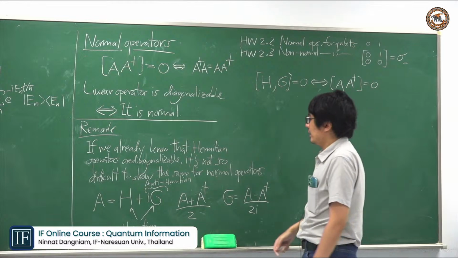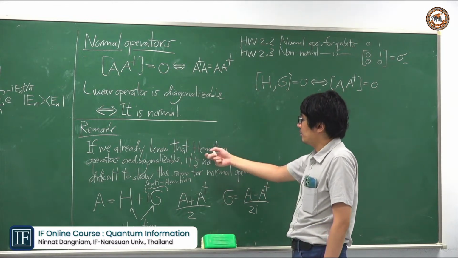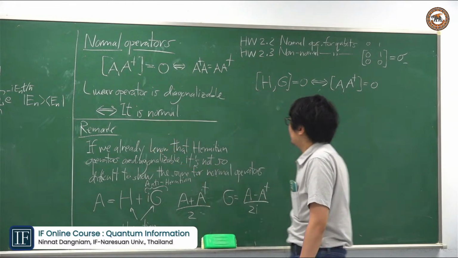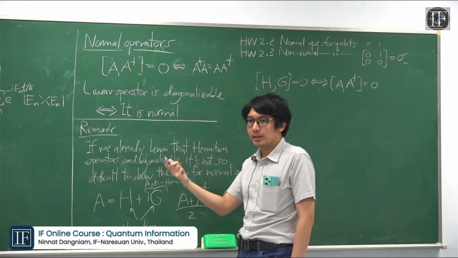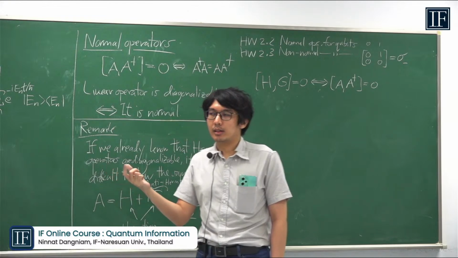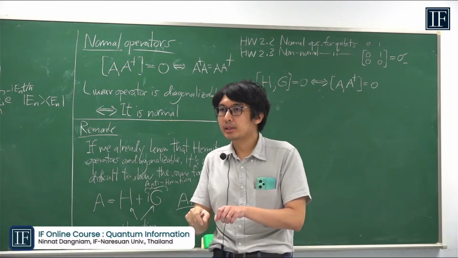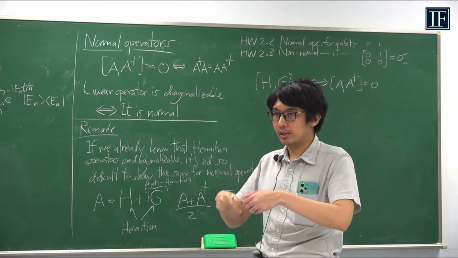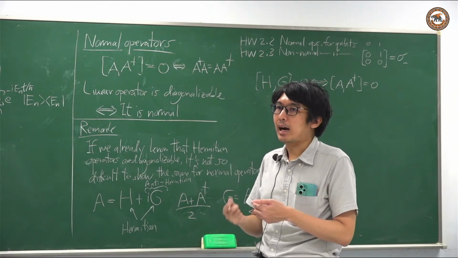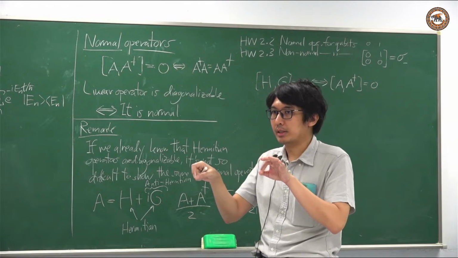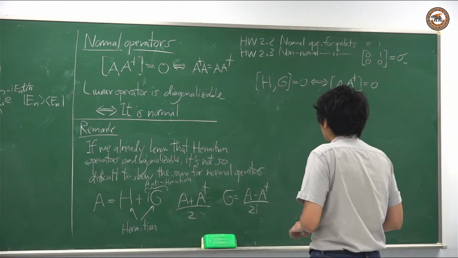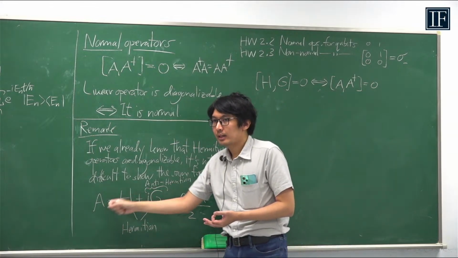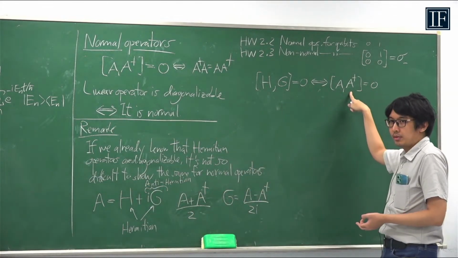Because now, if you assume that Hermitian operators have a complete orthonormal set of eigenvectors, and further, you also know that if two Hermitian operators commute, then you can choose a complete orthonormal set that are eigenvectors of both operators. So now if you say that A is normal, it means that this is true.